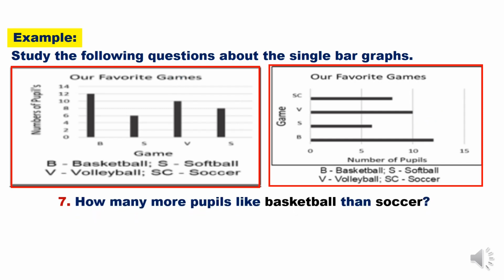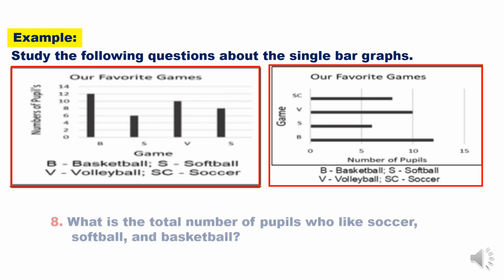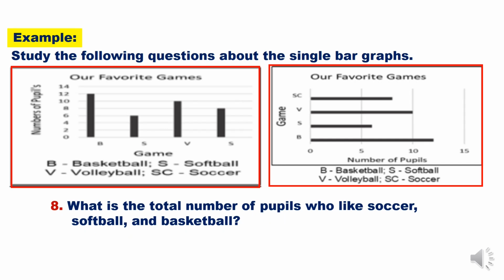How many more pupils like basketball than soccer? Basketball, 12. Soccer, 8. What is the total number of pupils who like soccer, softball, and basketball?